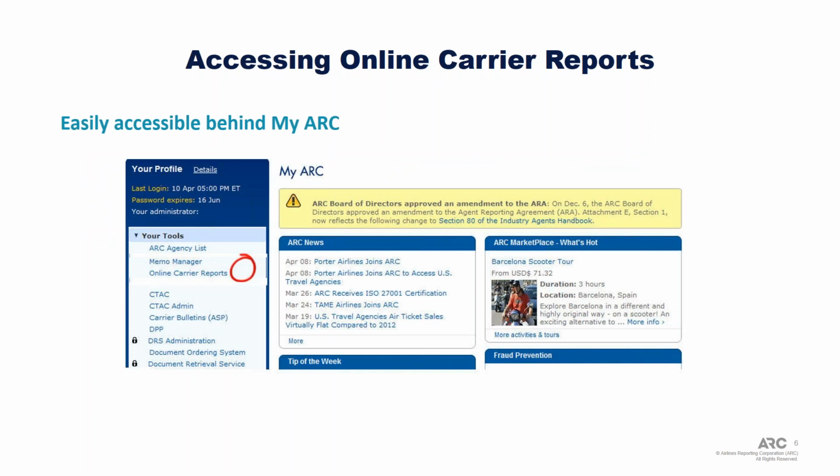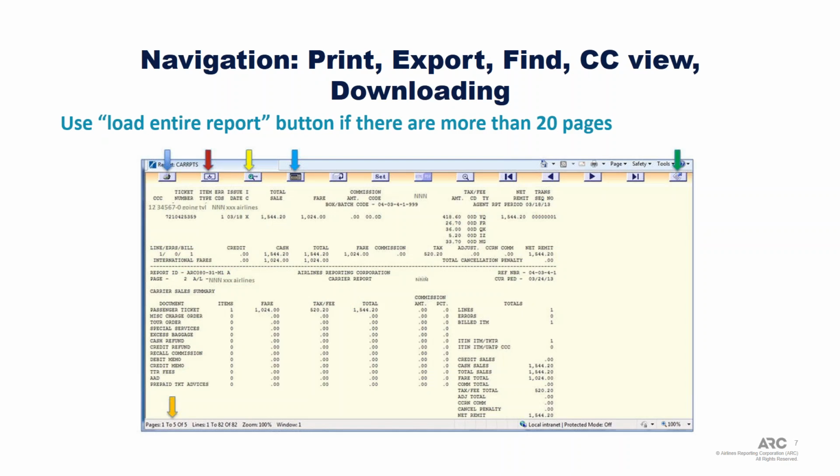Accessing the online carrier reports. The reports are found in your toolbox in My ARC. Your administrator will provide you with access to the report. On this screen is the navigation button.